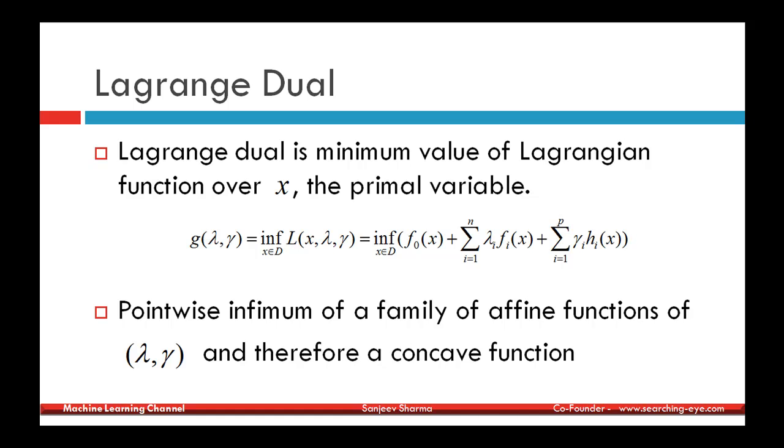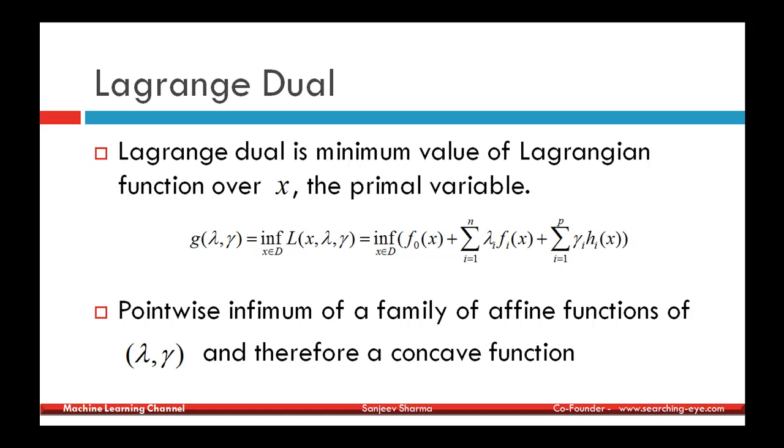So this is always the case. The Lagrange dual function will always be a concave function, and solving the dual problem will always be a convex optimization problem, which we'll see later.